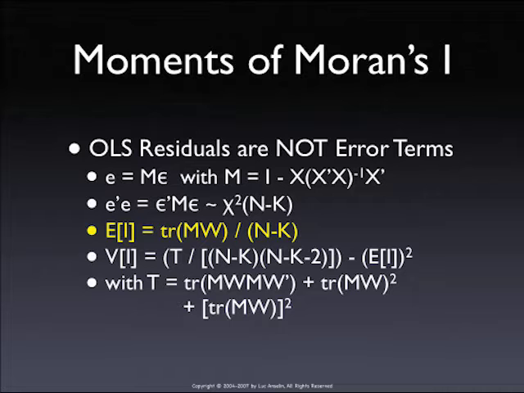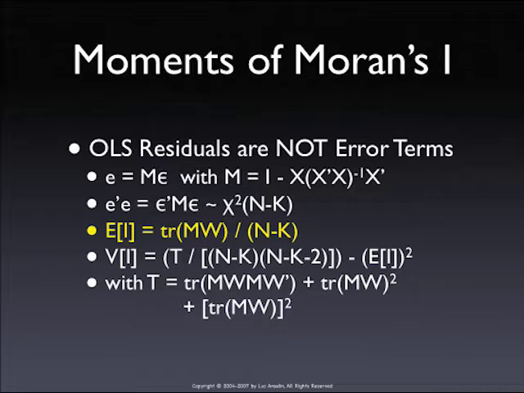Here it involves the trace of a product of two matrices: the matrix M, which is this projection matrix, which is n by n, and the matrix W, which is our weights matrix. If you multiply these two together and compute the trace, that is a number that goes into the expected value of Moran's I.